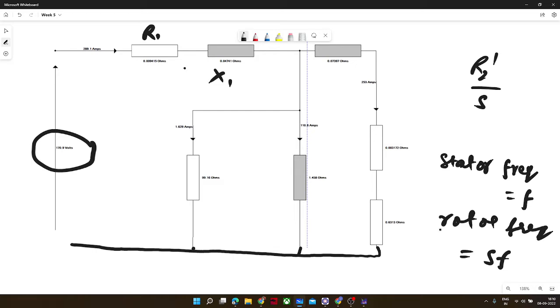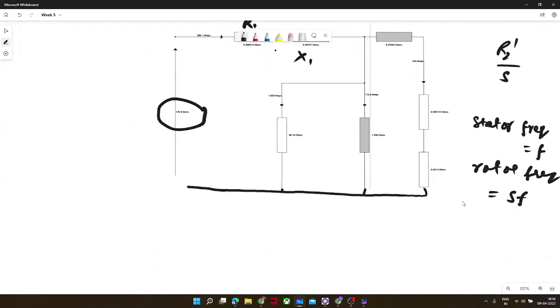To bring the whole circuit to the same frequency level, we do the transformation and divide the resistance by S, and we bring X2 also as a function of F, not SF. Earlier it was SF, now it will be converted to F. Let me draw the circuit as well.